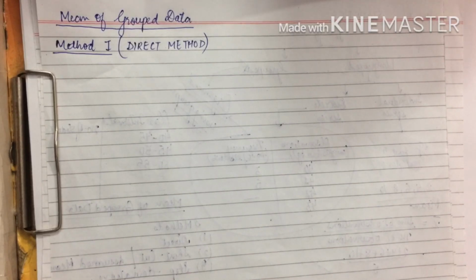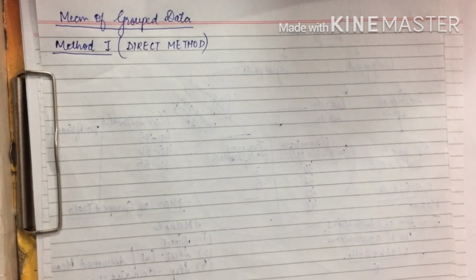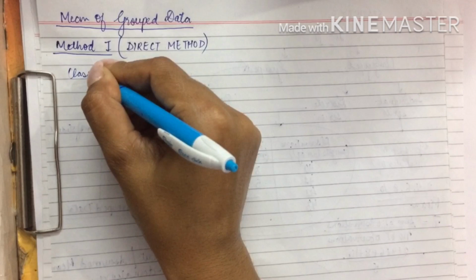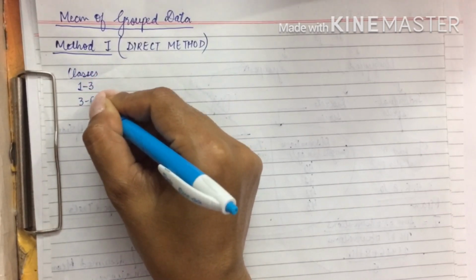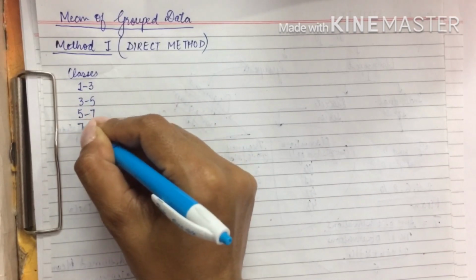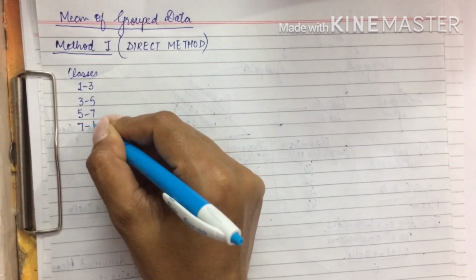Now let us see how we will use the direct method to find out the mean of grouped data. For this, I'm taking an example. Suppose you have the classes as 1 to 3, 3 to 5, 5 to 7, 7 to 10.